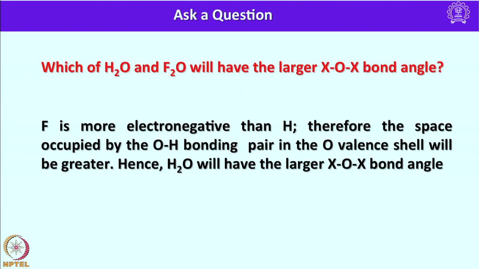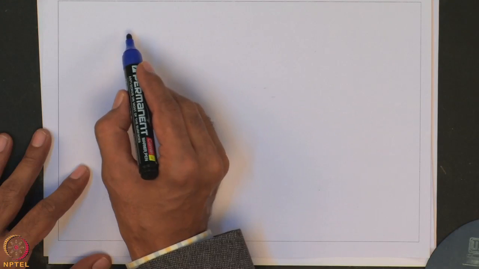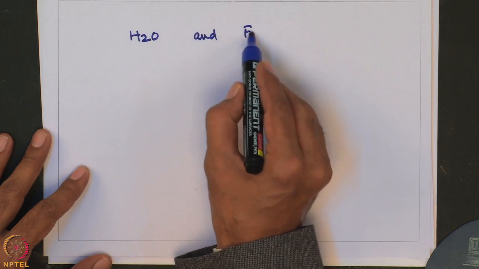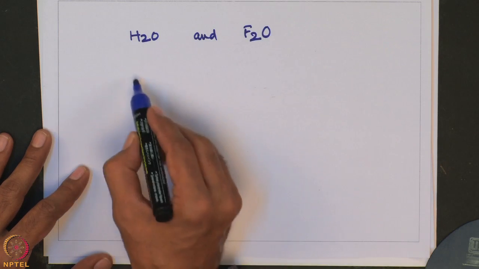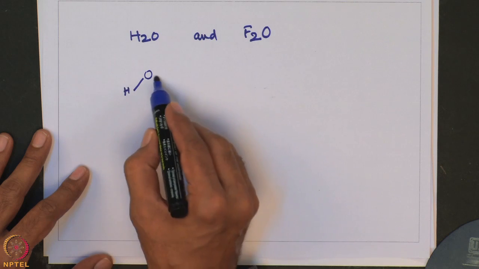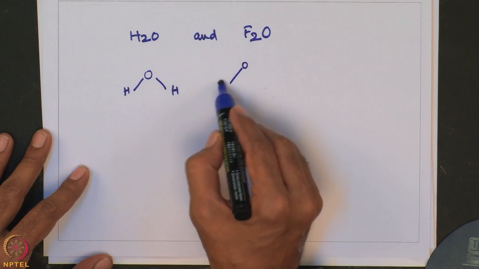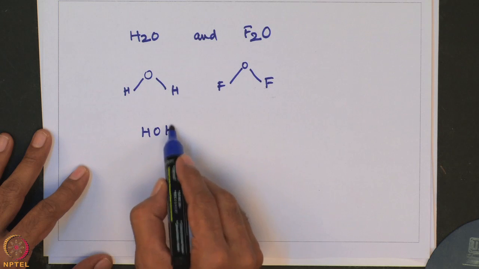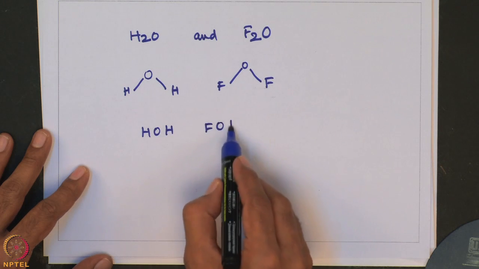You can see here the same example I have shown. So, essentially one can also analyze the same thing in case of water and F2O. For example, if you want to look into the case of water and F2O, you should be able to tell HOH and FOF, which angle is larger?